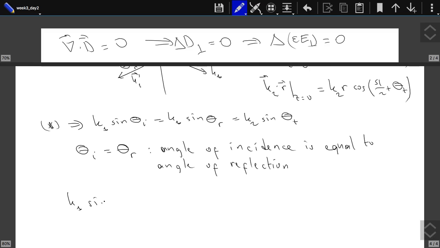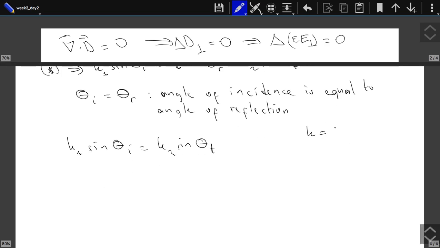Second, k1 times sine theta i should be equal to k2 times sine theta t. Now, k1 is omega over v. K is equal to omega over v, which we can also write as omega over c times n. The advantage of writing it this way is that omega is the same for all my waves, and c is the same for all my waves.